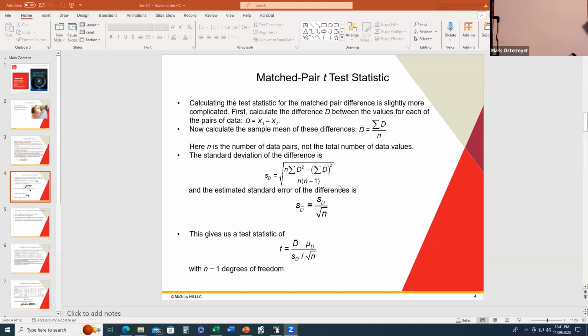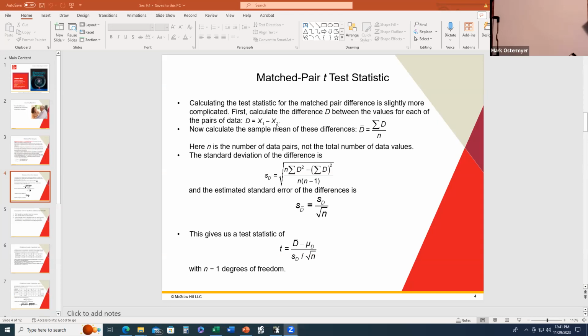All right. But now listen, ladies and gentlemen, we don't have to go down to this level of complication. What we can do is enter our sample 1 observations in list 1 and our sample 2 observations in list 2 in our calculator. And then list 3 can take on the differences between those values.